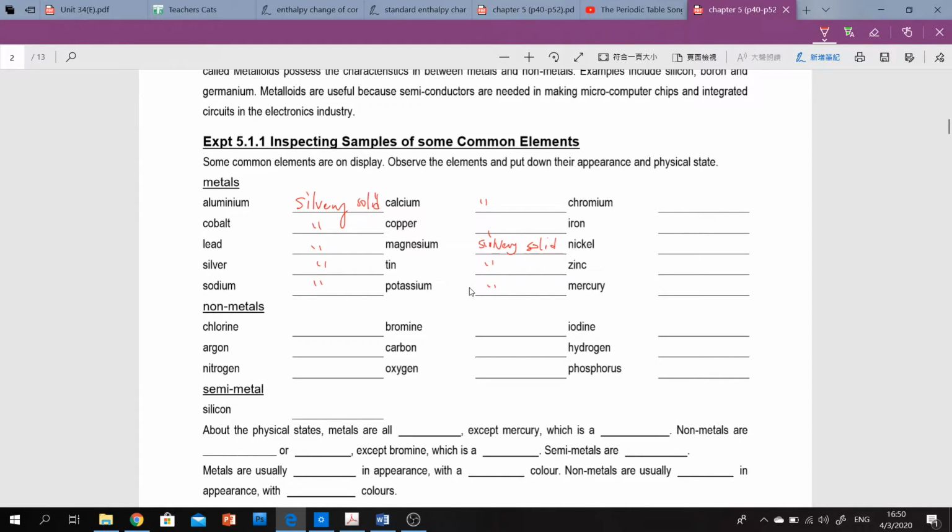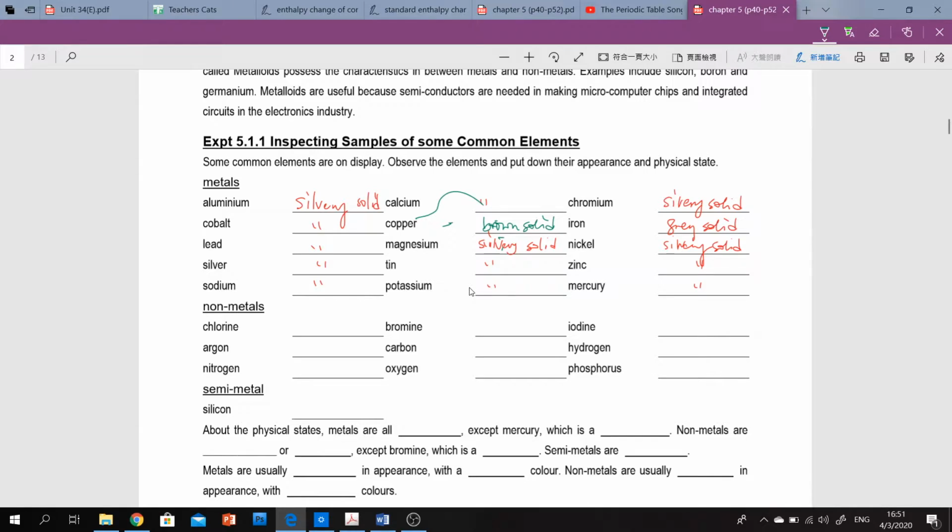Chromium is a silvery solid. Iron is gray solid, nickel is silvery solid. What is special is the copper. The copper is not silvery, it is brown solid.